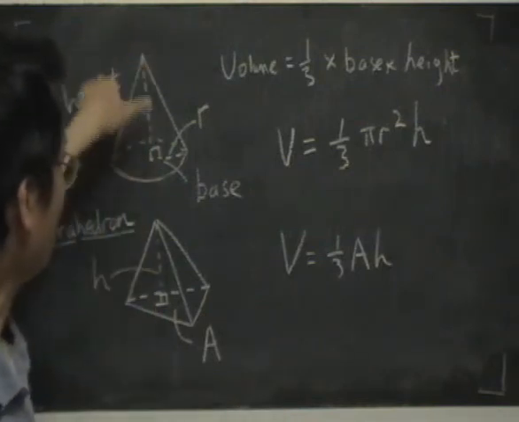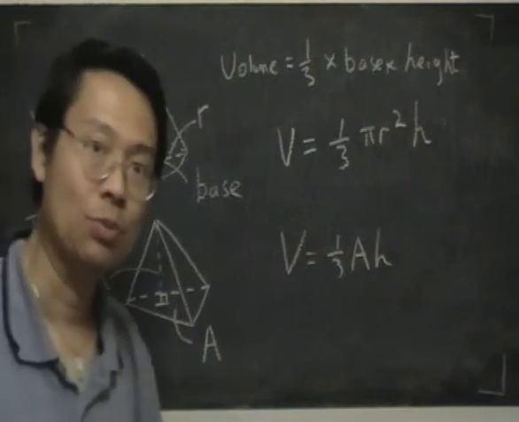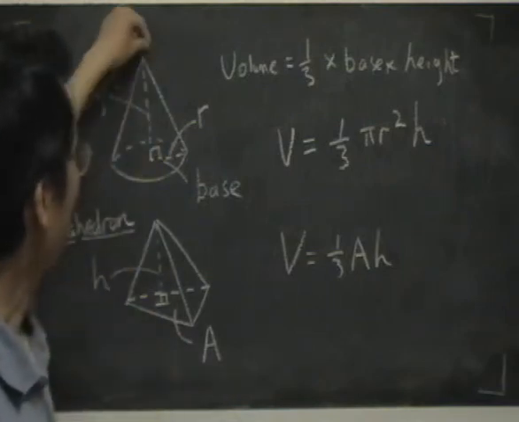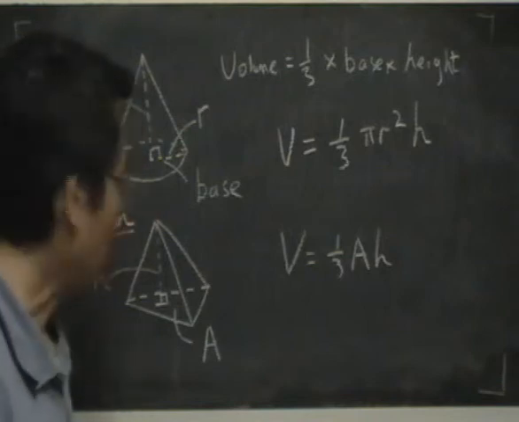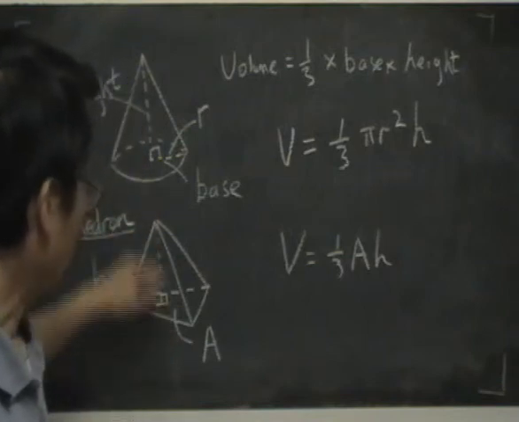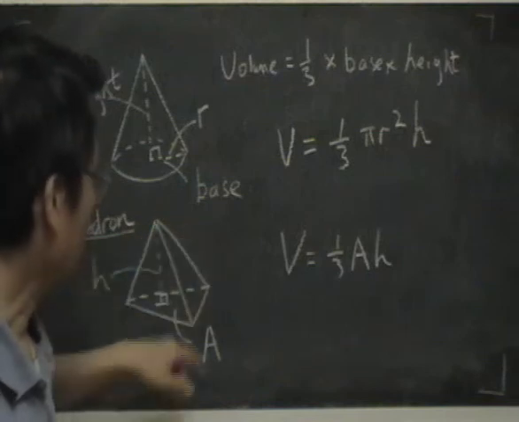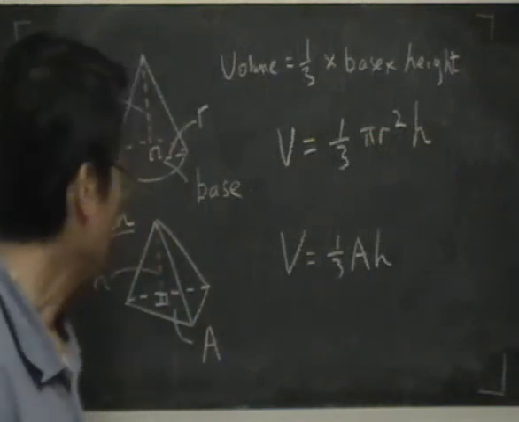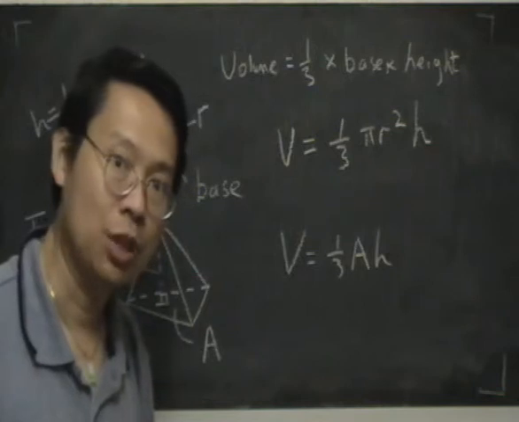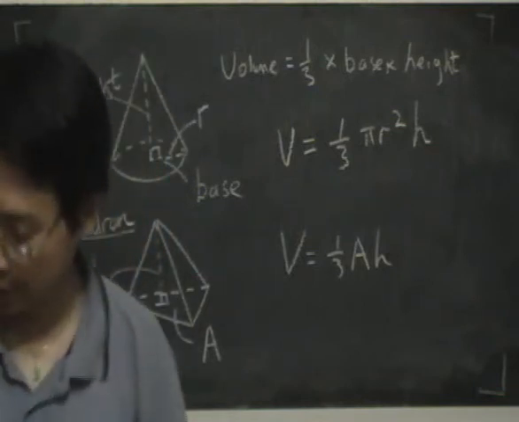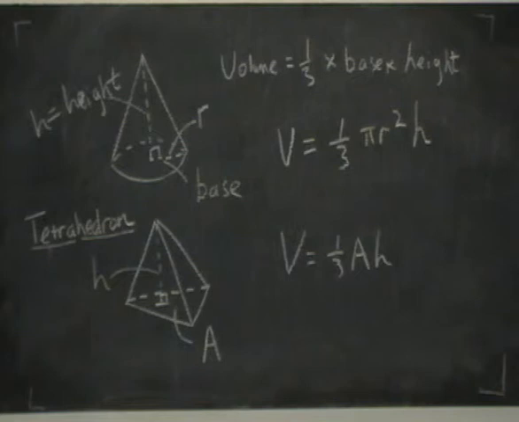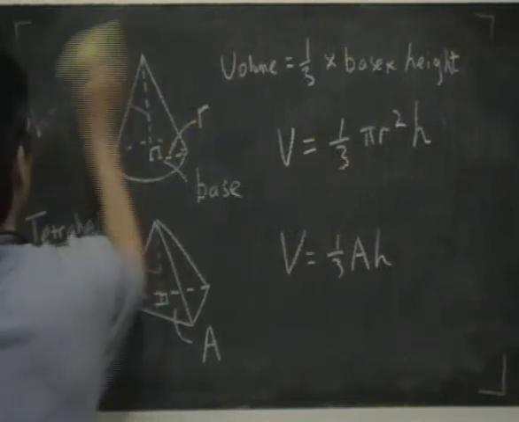So for a cone-like object, with a pointy tip on top, and with sides coming down straight to the base, the base can have any shape you like. Now, let's clean this away.